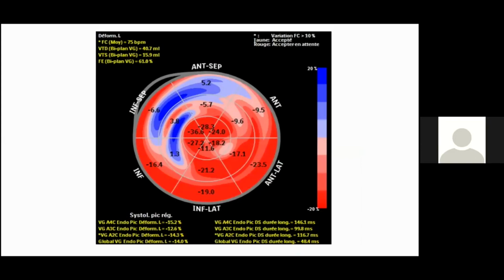This is a bullseye representation of left ventricular strain that shows a marked alteration of strain in the anteroseptal and inferoseptal segments, and to a lesser degree in the anterior and inferior wall. An ambulatory 48-hour ECG was performed in this patient and showed no ventricular arrhythmias.